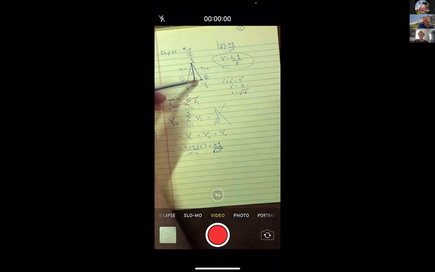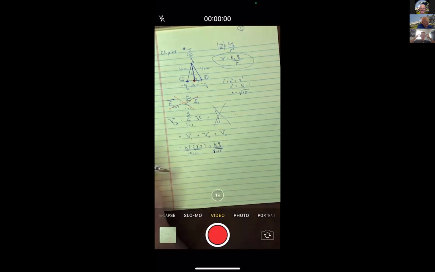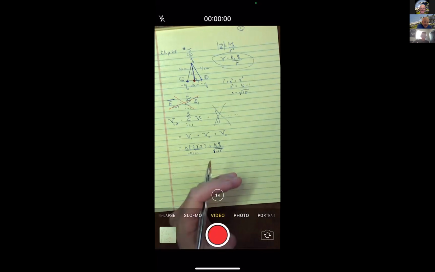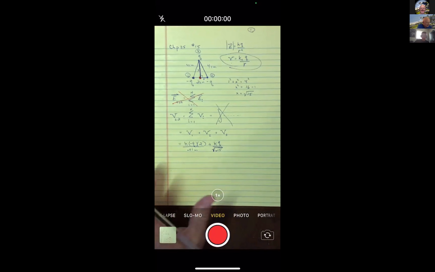But I just need to know the distance from the charge that's making the potential to the point where I'm trying to calculate the potential. So square root of 15. And I'm going to put 0.15 so that it's in meters, just like all my other problems with electric field and anything involving Coulomb's constant, because Coulomb's constant is in the base units of meters, coulombs, seconds, kilograms. Okay, so that's it.